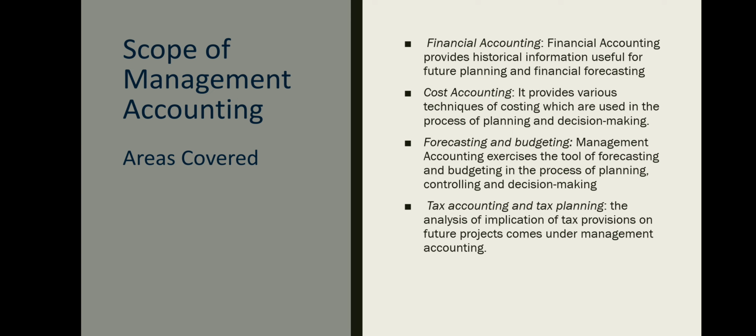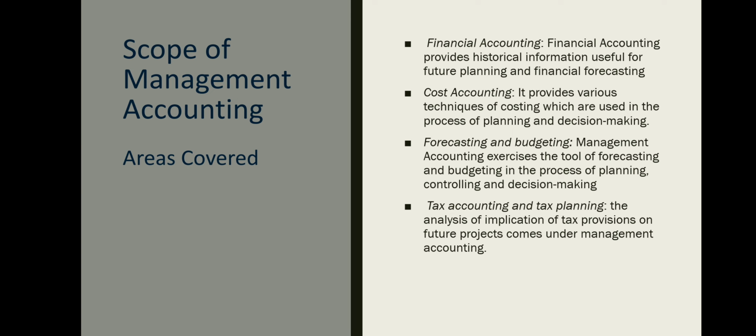This historical information helps the organization take future decisions, like in future planning and forecasting. The next one is cost accounting, which has more focus on cost. Cost accounting provides various techniques of costing to find out the cost, which are used in the process of planning and decision making, because cost is an important concept in the organization.